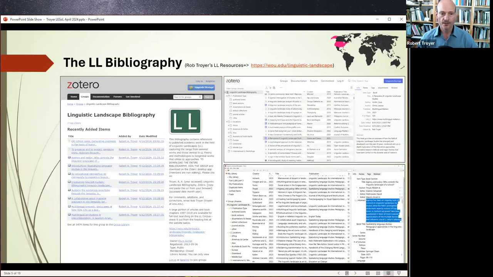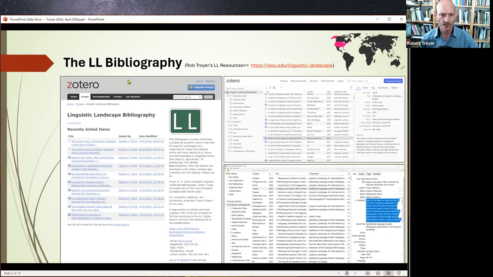So the Linguistic Landscape Bibliography is a project that I've been working on for over a decade. It started when I was working on a paper in 2010 and 2012, and I realized that I wanted to list a big bibliography of linguistic landscape studies, which at that point was around 100 publications. So I put them together and made a simple website, and it's grown over the years.